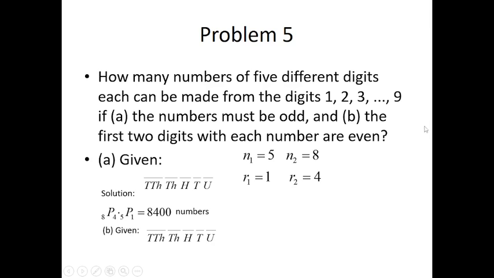So letter B: the first 2 digits of each number are even. They should be even. How many digits are qualified to be even? 2, 4, 6, 8, right? Therefore, there are 4 choices. How many slots? 2.